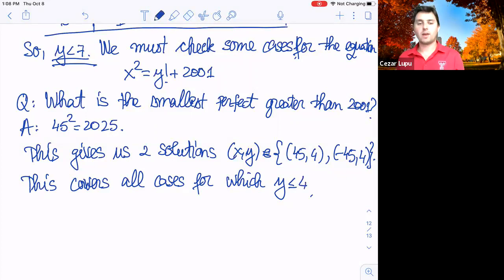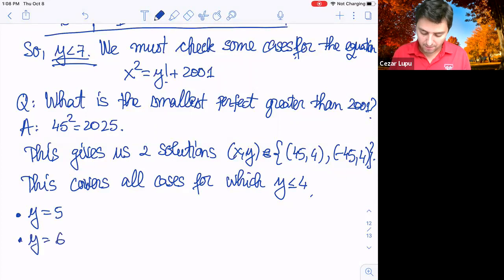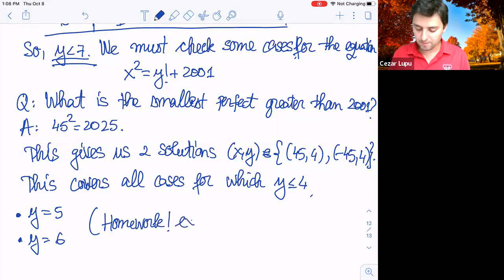And now let's see what happens for 5 and 6. For the cases y equals 5 and y equals 6, I'll leave it to you as homework to see why these do not have any solutions. An exercise for you.